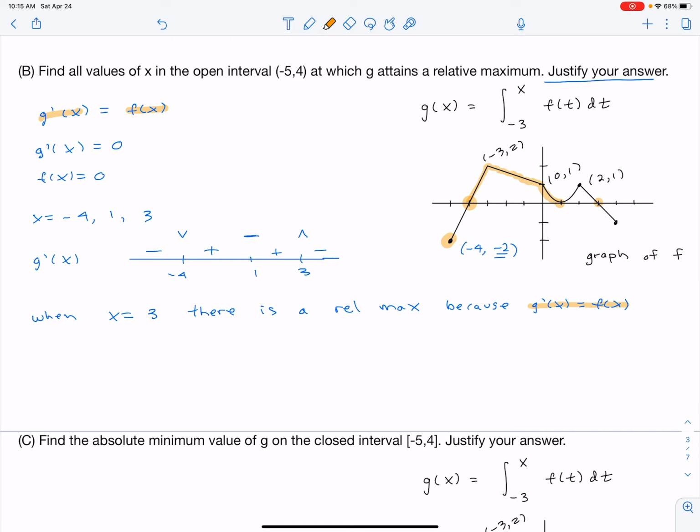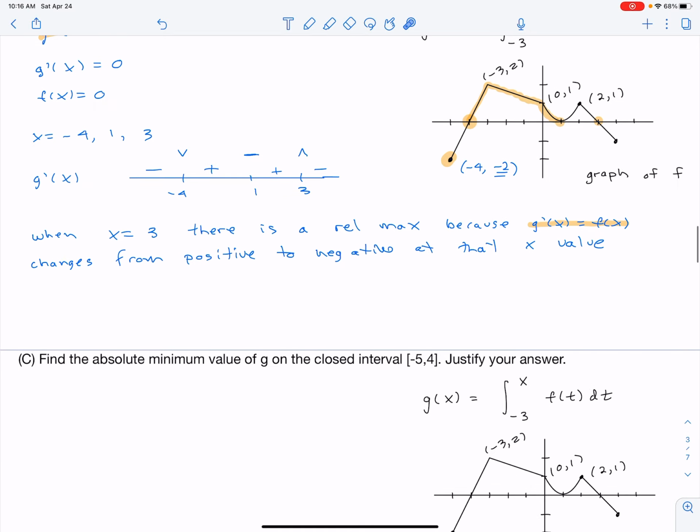So I'm saying, look, there's a relative maximum because g prime of x, which equals f of x, changes from positive to negative at that x value. Again, the key here is I'm telling them how I figured it out. I tell them I'm looking at this and how it relates to my graph of g. Oh, it's the derivative of g.